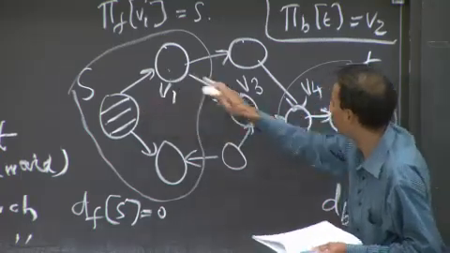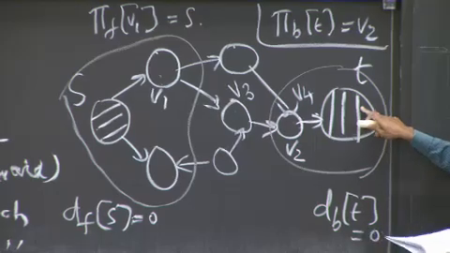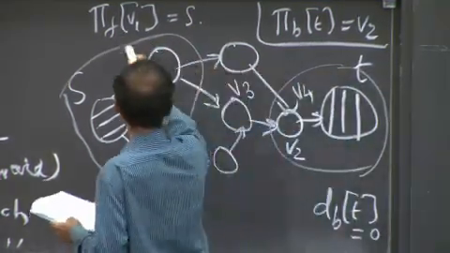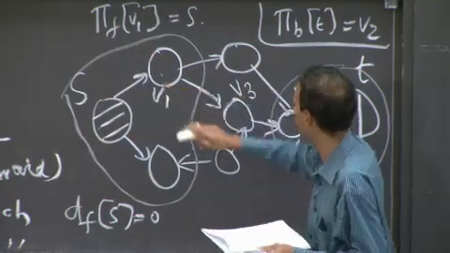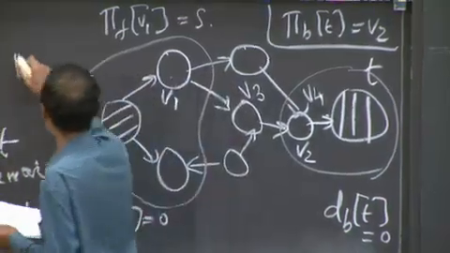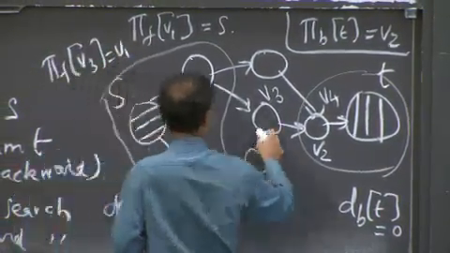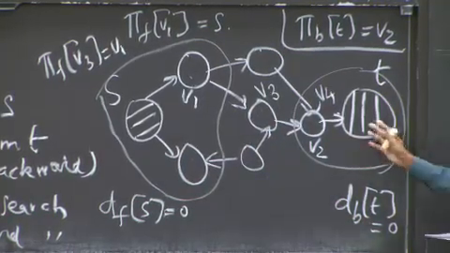We have S to V1, V1 to V3, V3 to V4, all the way to T, right? So what I have here is correct. The predecessor of V1 is S. The predecessor of V3 would be V1. So I could write pi f V3 equals V1, etc. Now let's just forget about the forwards path and let's just talk about the backwards path.